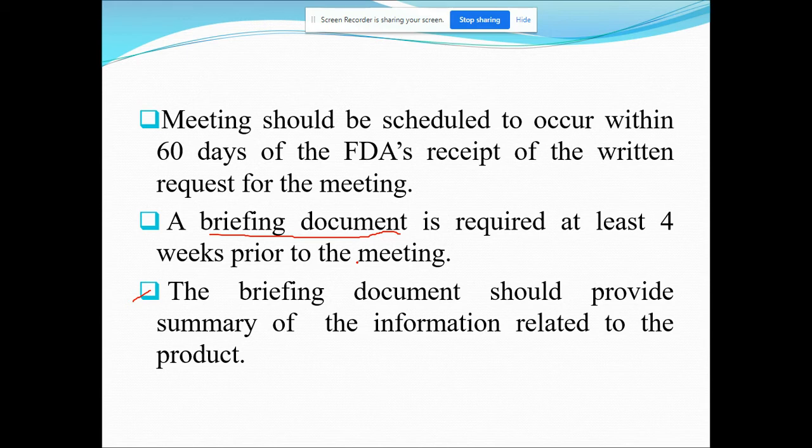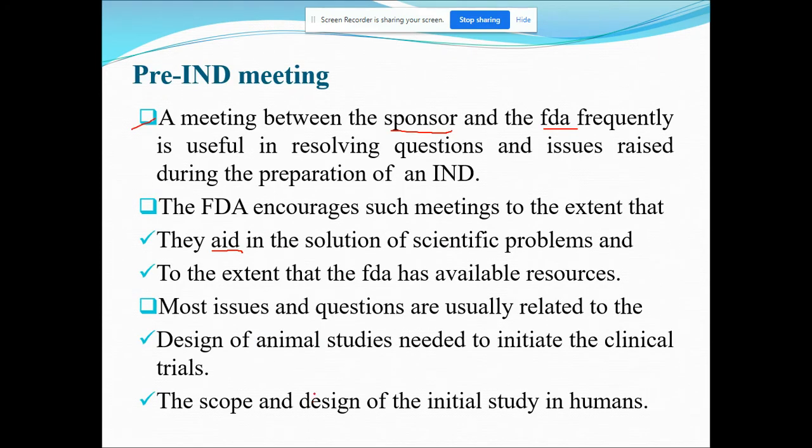And what does this briefing document should consist of? This briefing document should provide the summary of all the information related to the product. So student, hoping that you are getting this particular point, pre-IND meeting.